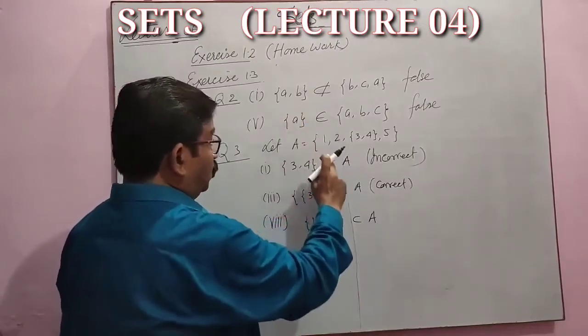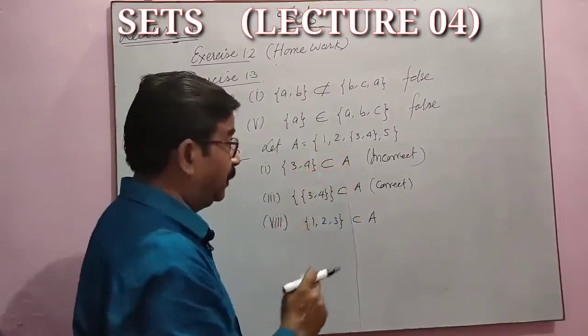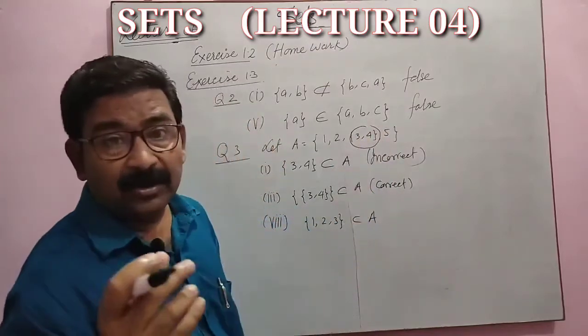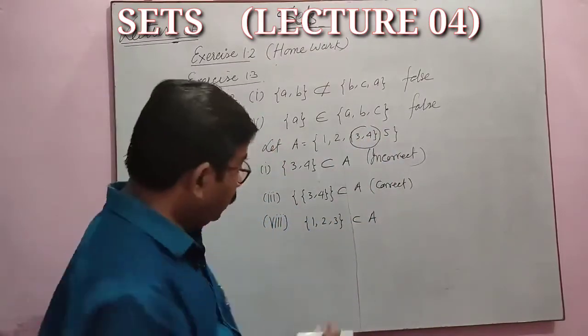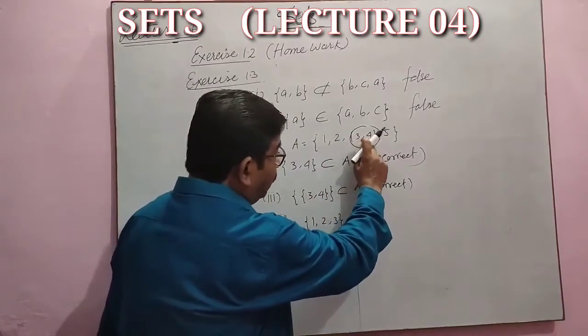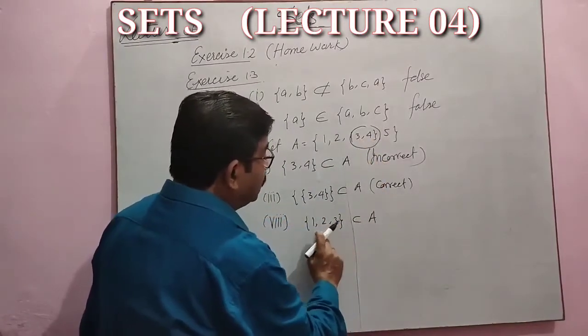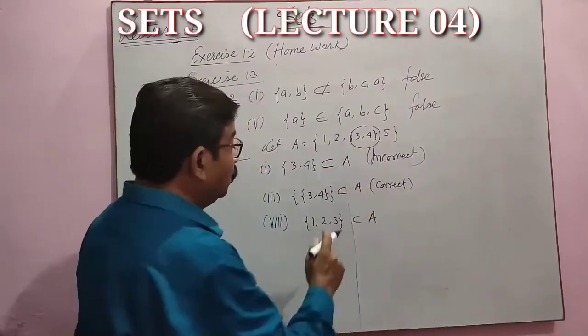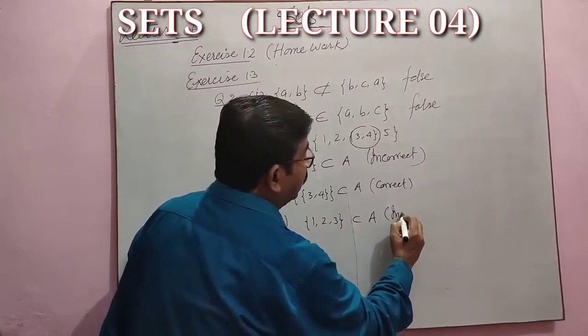Here 1 and 2 are single elements, but 3 and 4 are combined. So we cannot separate 3 from 4. Here only 3 is given, and 3 is combined with 4. So this is not possible, meaning 3 cannot be separated from 4. So it is incorrect.